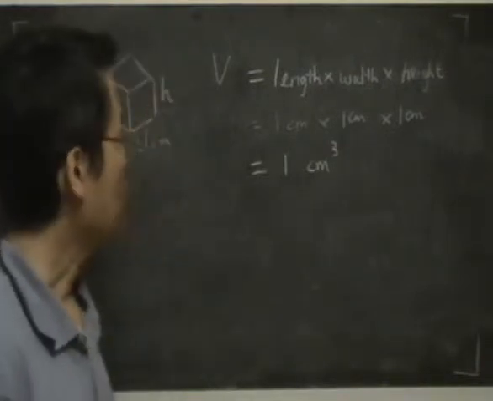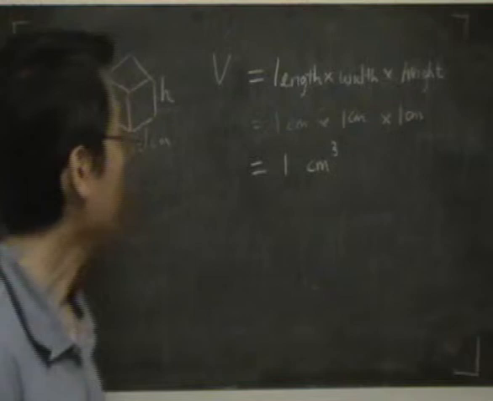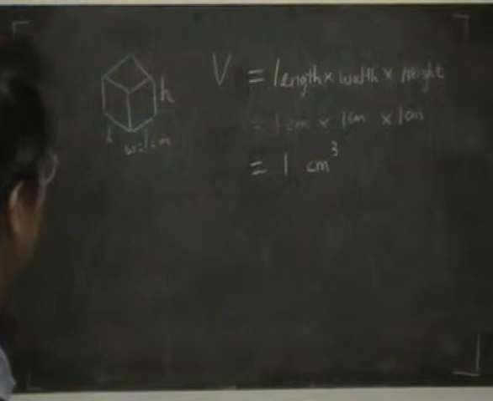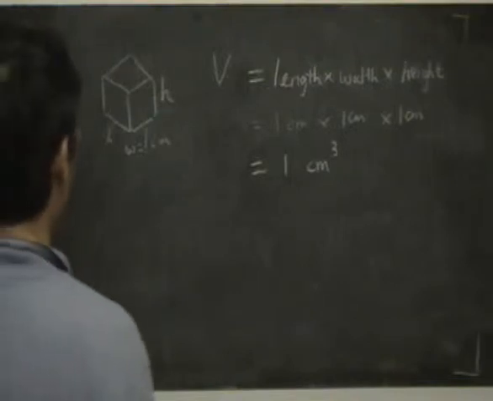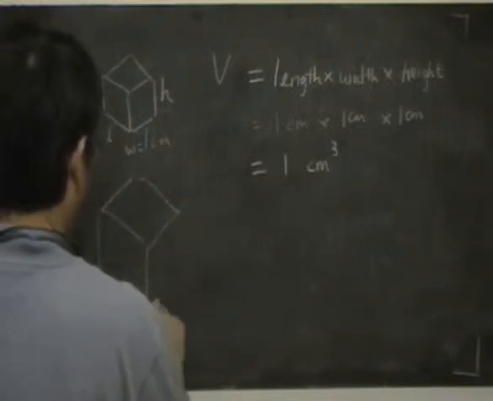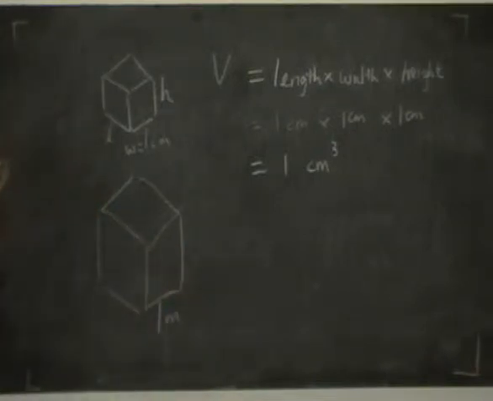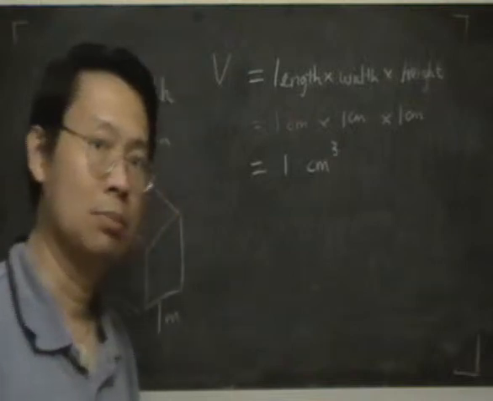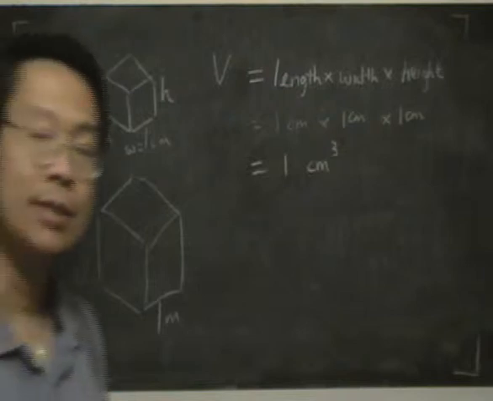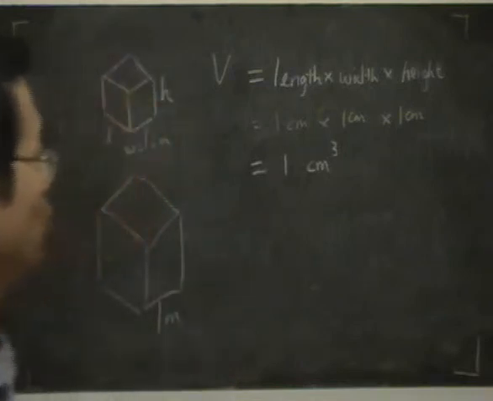Okay, so how about if instead of centimeters, we have meters? So let's take a look. If I have a cube, a larger cube, whose side is 1 meter long, what's the volume? We can use the same formula and find the answer in exactly the same way.